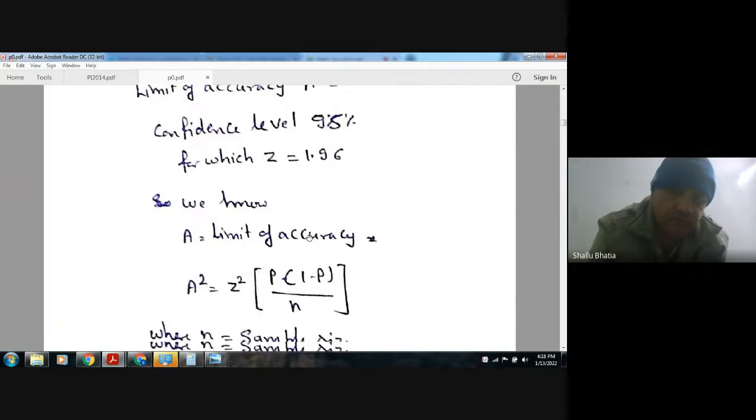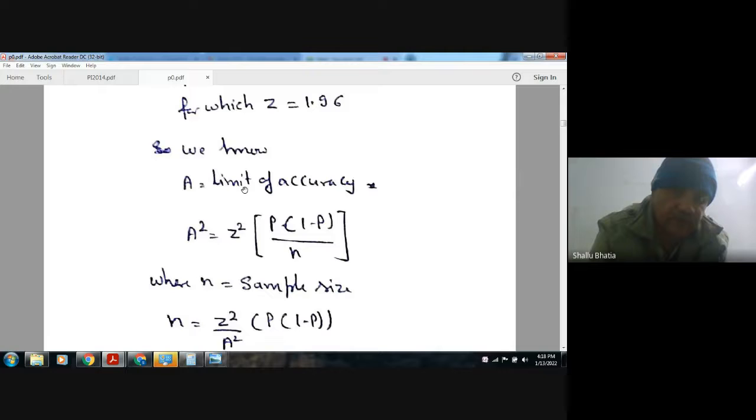Okay, this is the formula you have to remember. The limit of accuracy squared is equal to z squared p(1 minus p) divided by n, where n is your sample size, p is your idle time, and 1 minus p is your activity time.